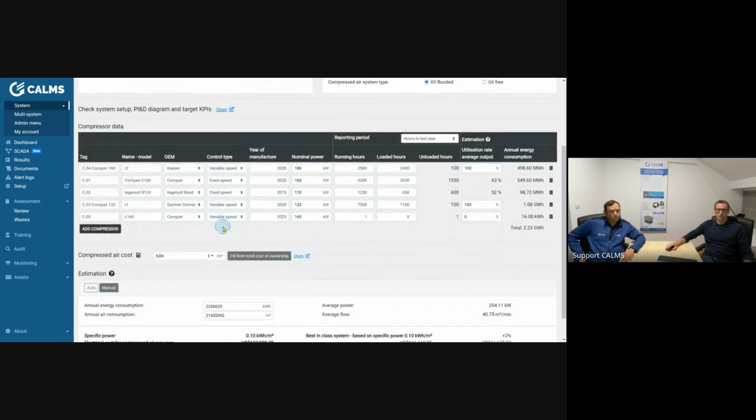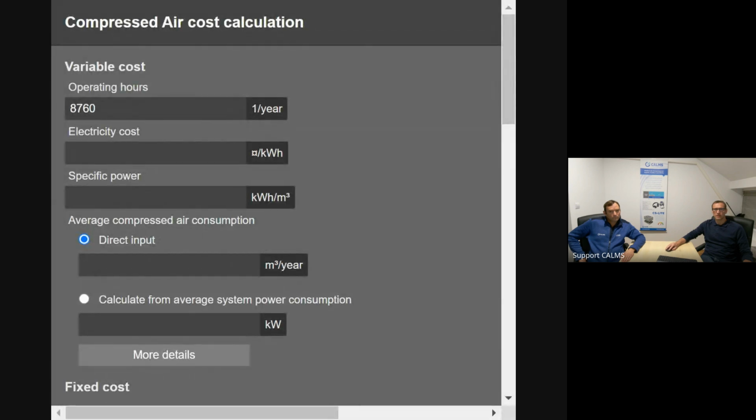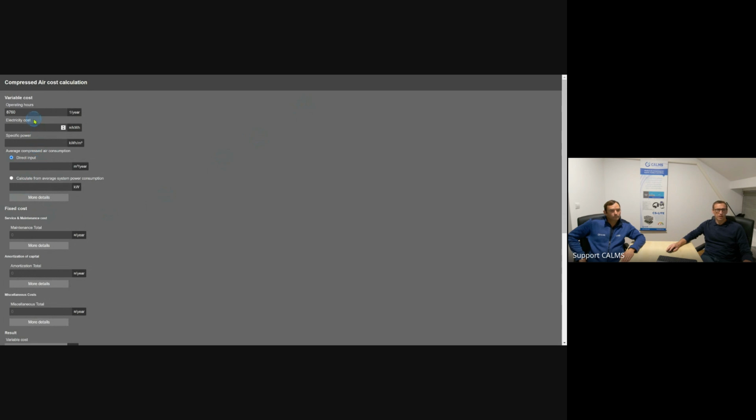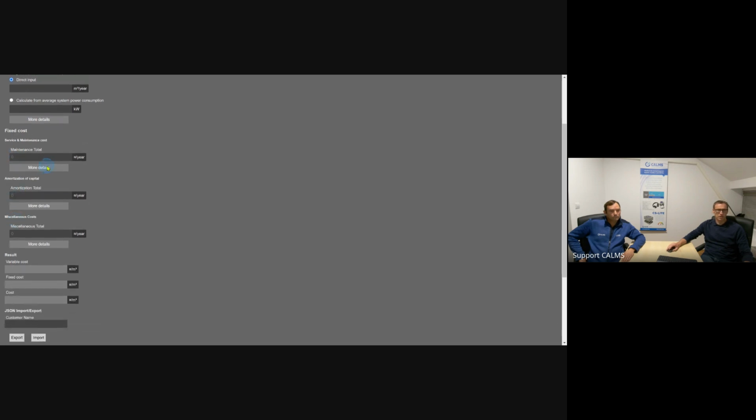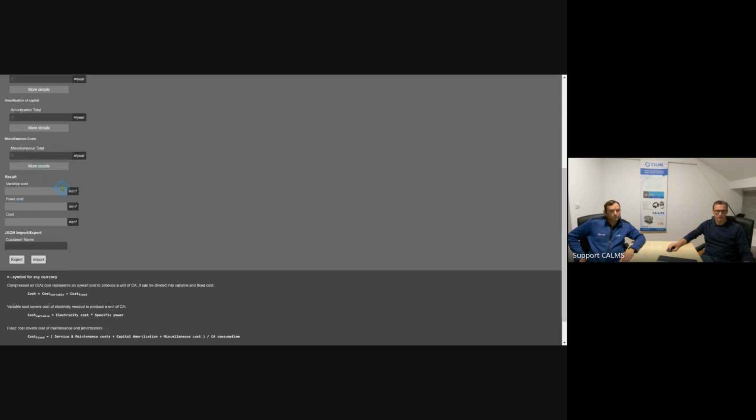Yes, you have different ways to calculate the compressed air cost. Of course, with this button here, this is the easiest way. You don't see it. I need to share this with you, like here. If you enter the operating hours, electricity cost, and estimated specific power, average power of your system, or consumption if you measure the flow, the cubic meters or feet of air, then it will calculate the variable cost of compressed air.